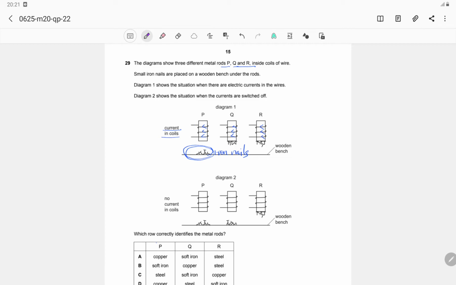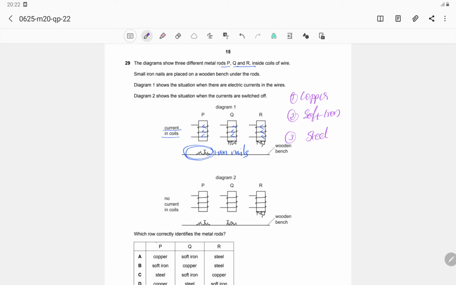That means you are mainly given three possible metal rods. One is copper, the second one is soft iron, and the third one is steel. Now you have to look at the magnetic property of each metal, and check the diagram again, and analyze which metal is most suitable in each diagram.